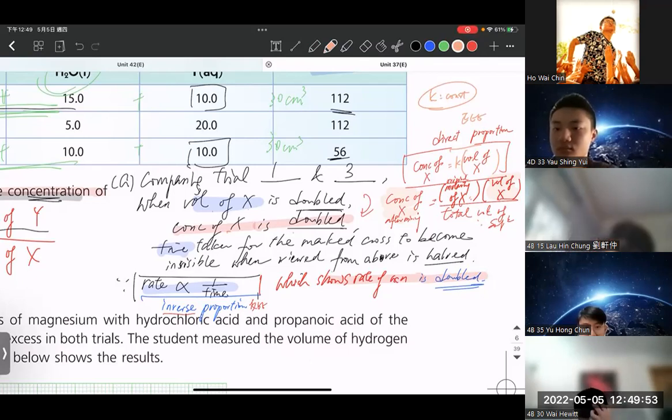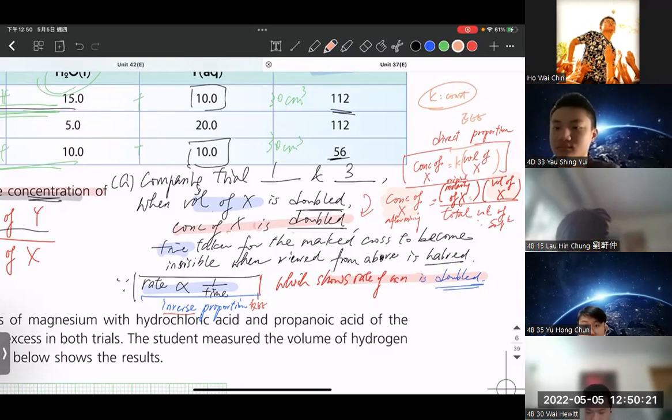If time is halved, the rate is double, or vice versa: if time is double, the rate is halved. Do you understand? This is something you should know about mathematics, a deeper understanding of the terms direct proportion and inverse proportion in other subjects, especially in science. You should look into this.